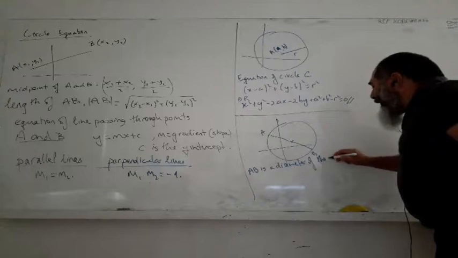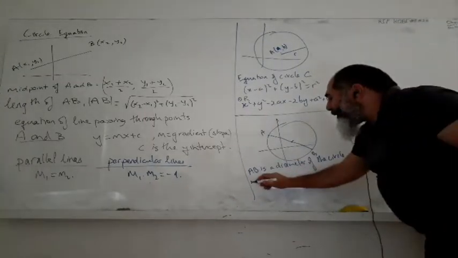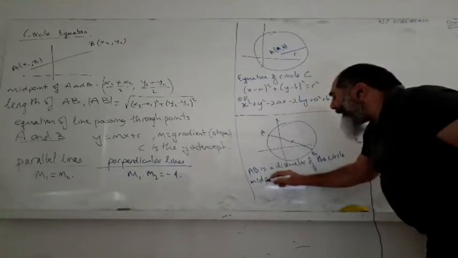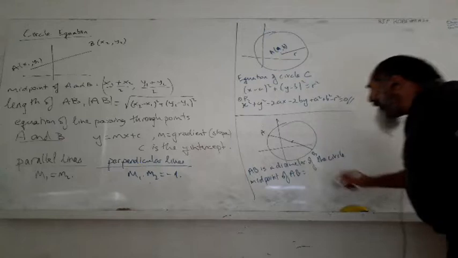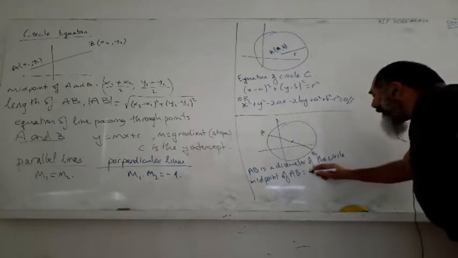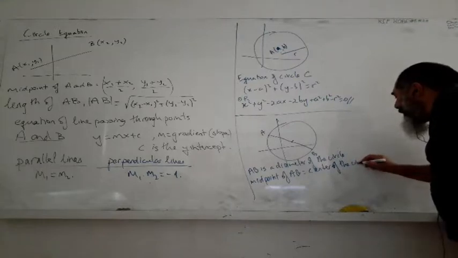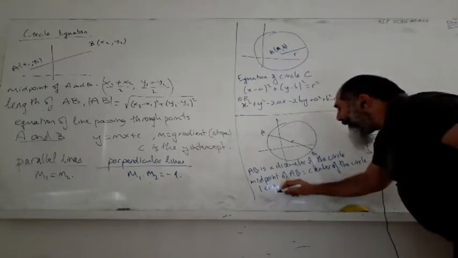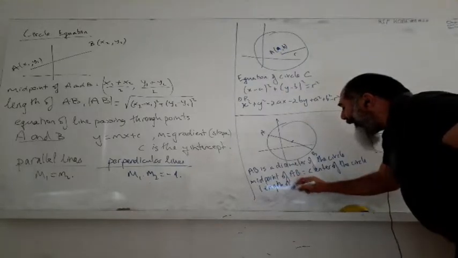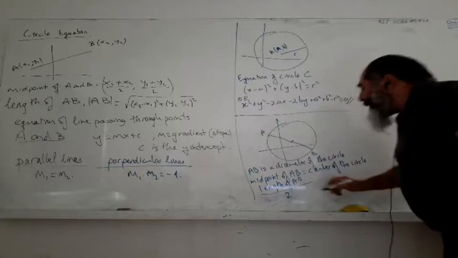That means the midpoint of AB is equal to the center of the circle, and the length of AB, which is actually the length of the diameter, divided by 2, will give you the radius.